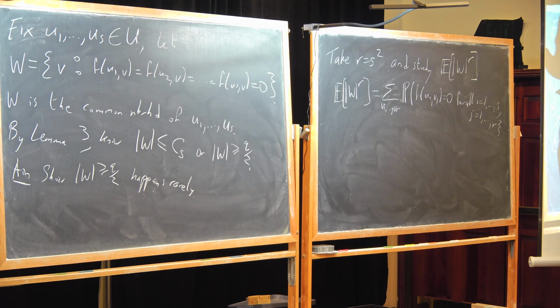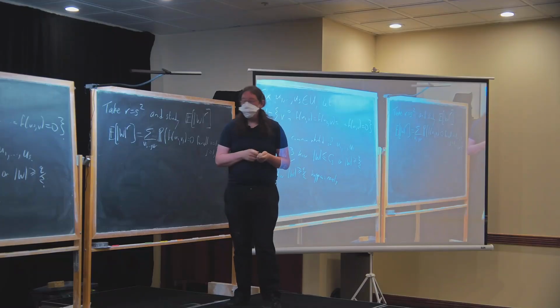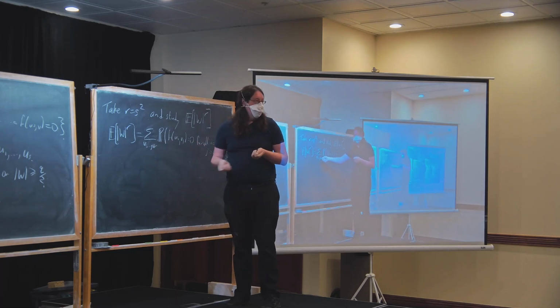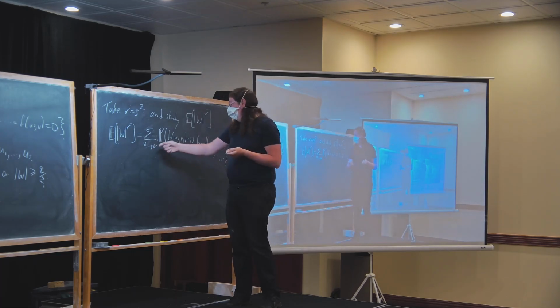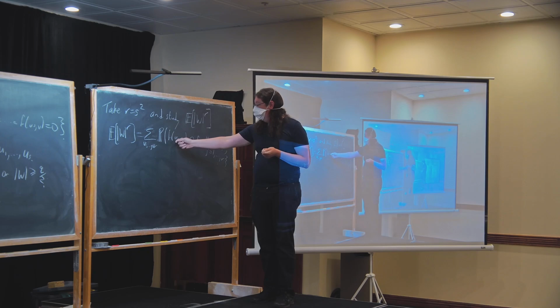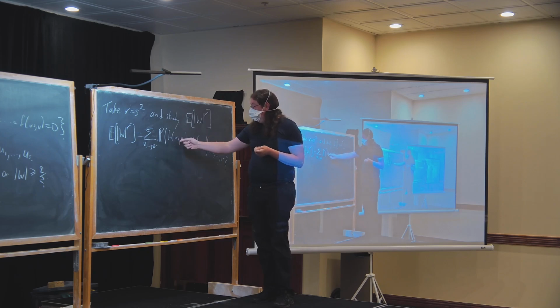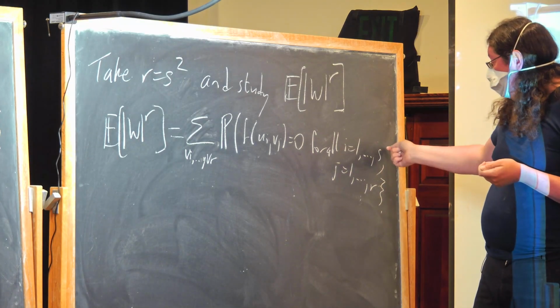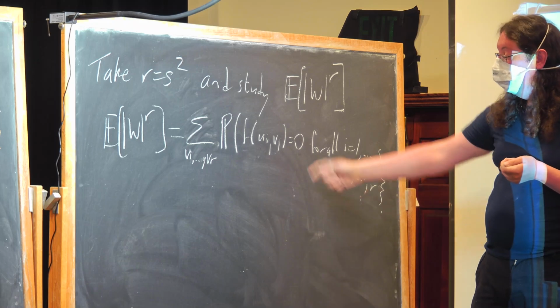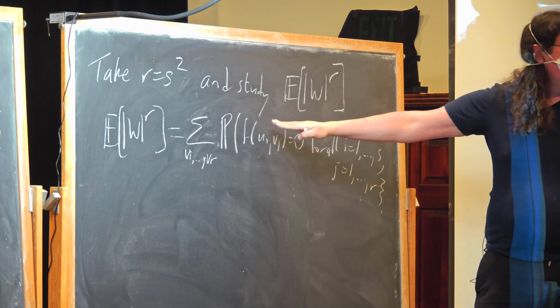Just to simplify, you have to do some messing around because of degeneracies. Let's assume these are all distinct. But if these are all distinct, then you're getting f(u_i, v_j) is equal to 0 for all i equals 1 up to s, all j equals 1 up to r. And the probability of this thing just follows from lemma 2.